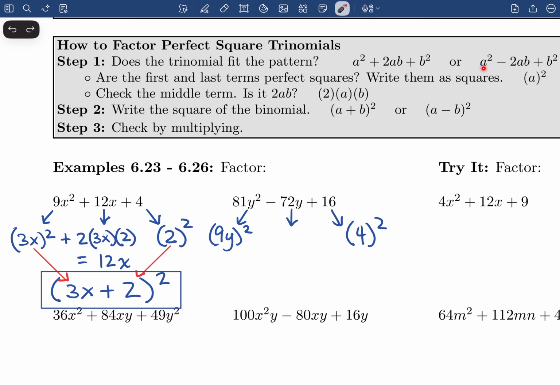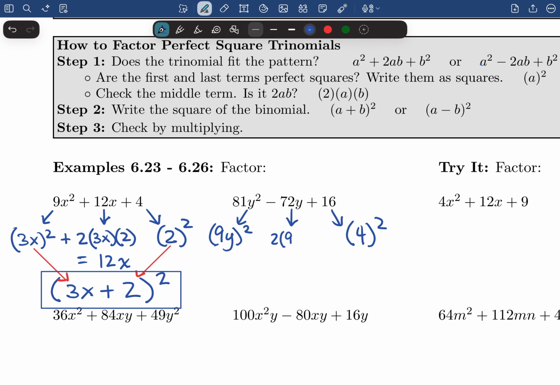I'm thinking about this pattern because of the minus sign that I see here and here. And so I say, well, is 2 times a, which is 9y, times 4 equal to negative 72y? Well, 2 times 9y is 18y, and 18y times 4 is 72y. So I'm good there. This fits the pattern.